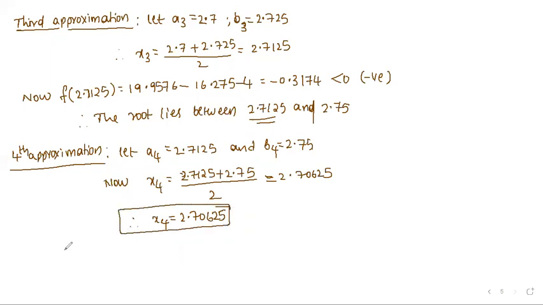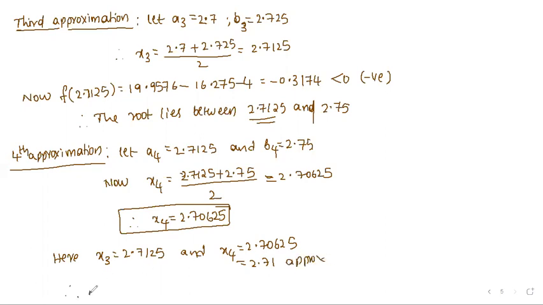ఇక్కడ అంటే here x3 is equal to 2.7125 and x4 is equal to 2.70625 and almost approximately equal to 2.71 approximate.